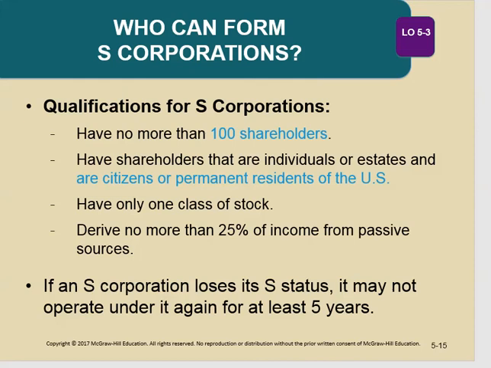And then only 25% of your income can come from passive sources. So passive meaning you just invest in something and you make money. So, for example, if you take $1 million and you put it in the bank and that's how you're making your money, that's called passive income. So only 25% of your money can come from passive sources.